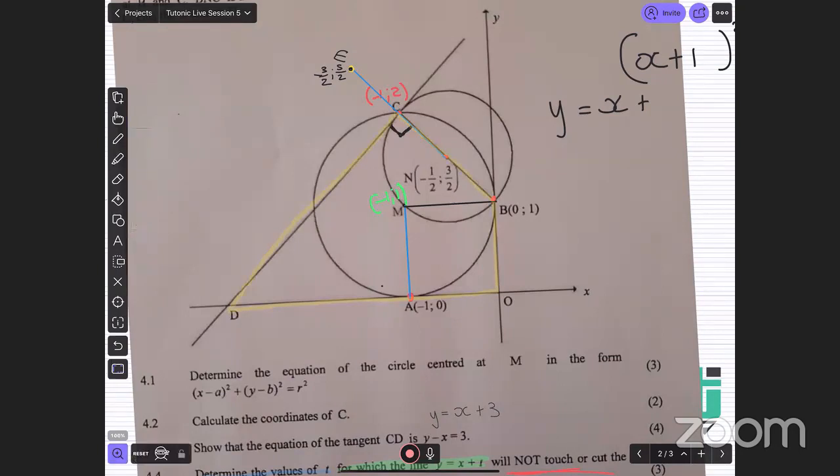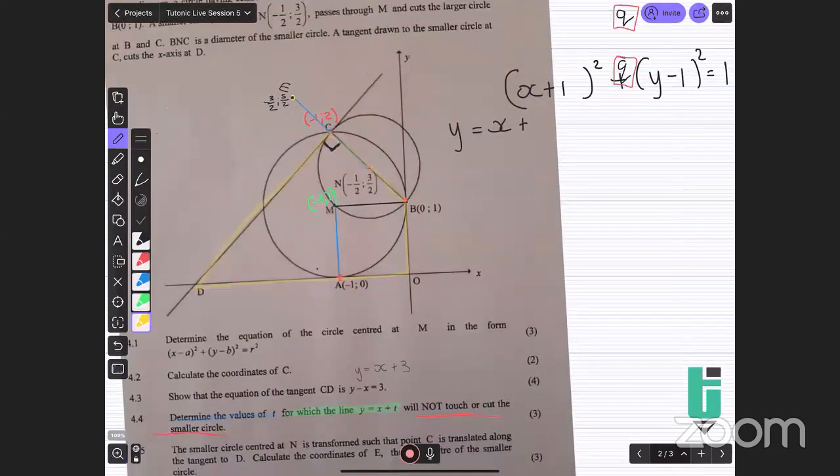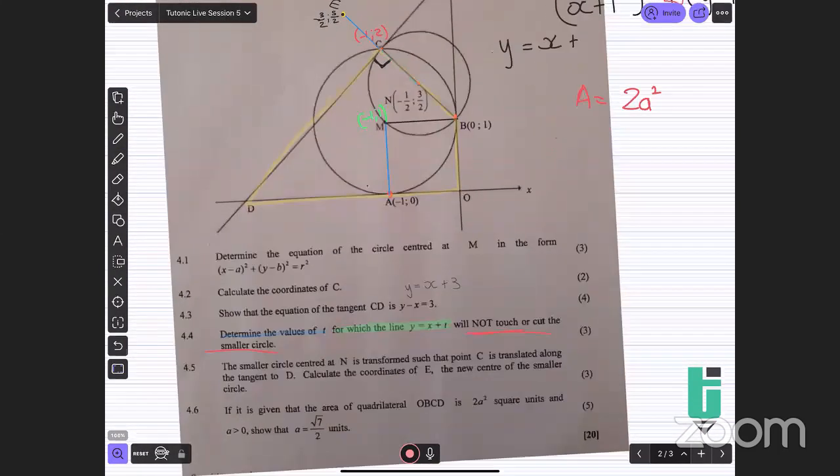They're saying that the area is 2a squared, and a is greater than 0. That's important. I have a feeling that we got to get 2 answers for a, but anyway. Show that a equals √7/2 units.